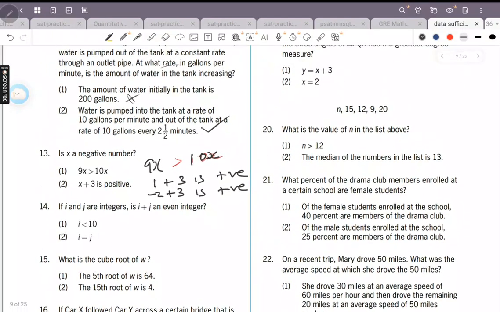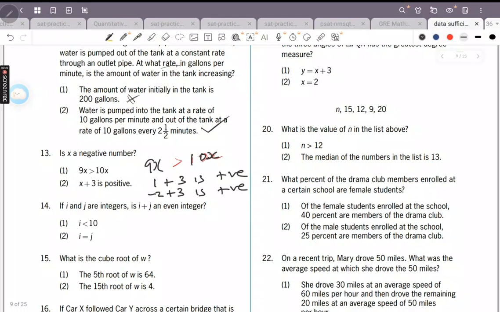Let's quickly do number 14. If I and J are integers, is I plus J an even integer? If I is less than 10, is it 9? Is it 6? Is it 7? We don't know. Even here, it didn't say that they are positive integers, so I can also be negative numbers.